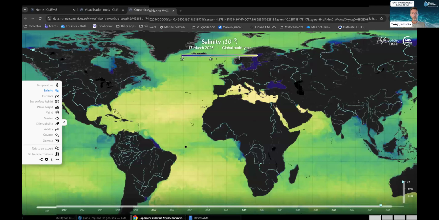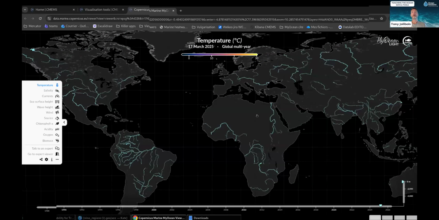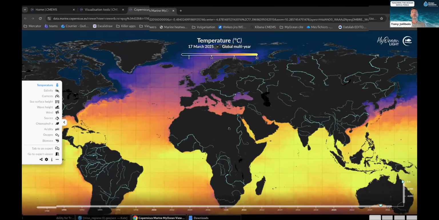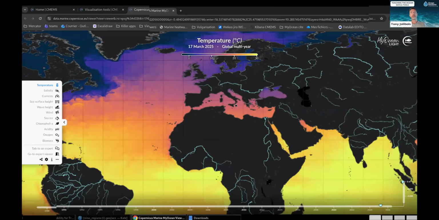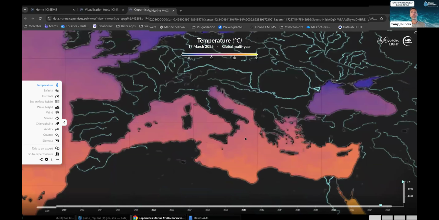So My Ocean Lite will always display the best data available. For example, here we are on global scale and we are in the past, March 2025, and behind the scenes, My Ocean Lite selects the global product and the multi-year product, which is of better quality than the near real-time product.